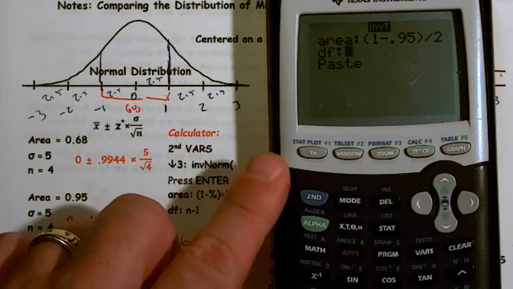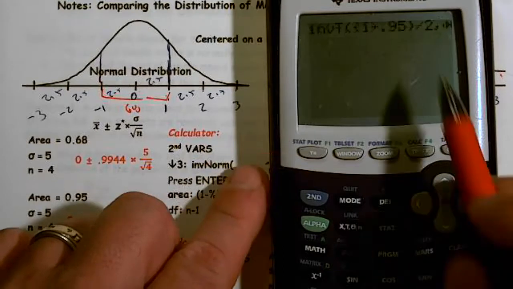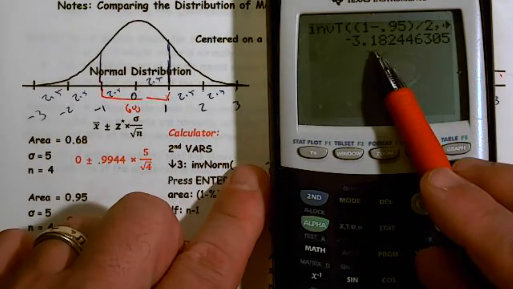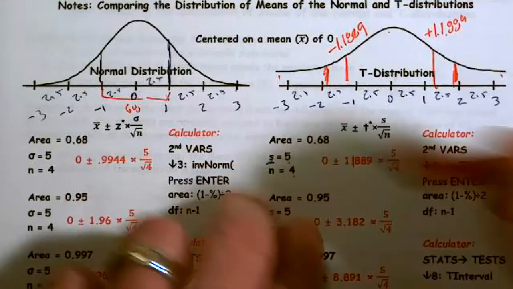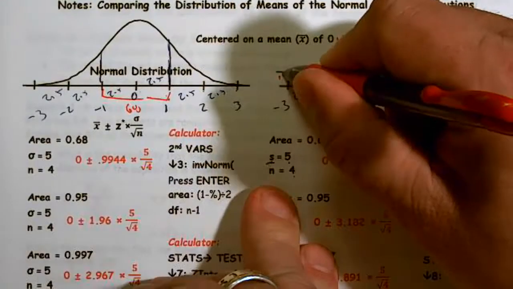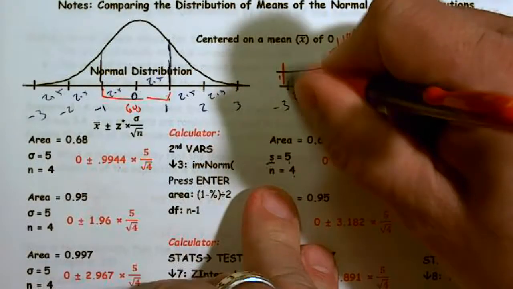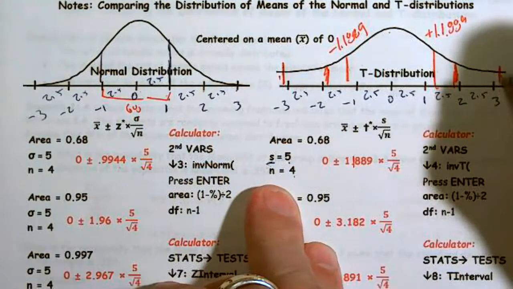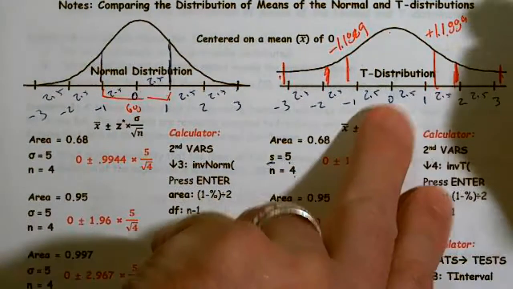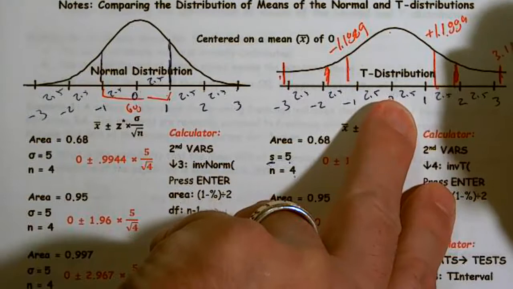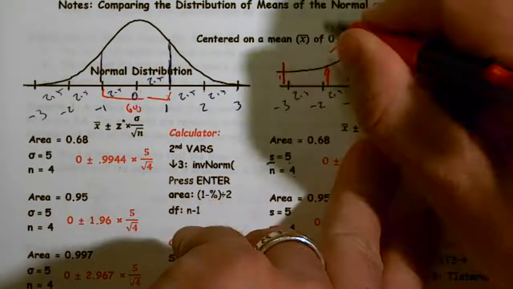Again, our sample size was 4, so 4 minus 1. And I end up getting 3.18. So 95% is plus or minus 3 standard deviations. So this is at 3.18.